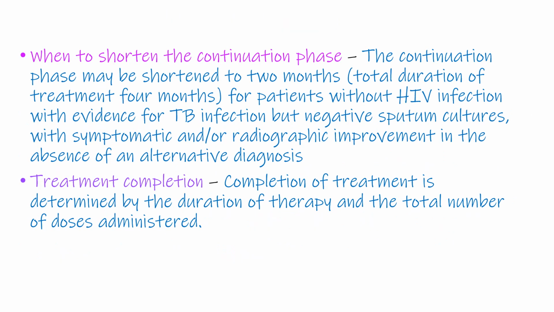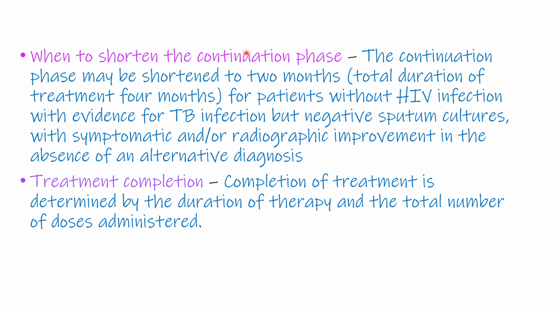So next is, when can I shorten this continuation phase? Continuation phase may be shortened to 2 months. The ideal is 4 months. Total treatment for the TB will then be 4 months, in patients without HIV infection, with evidence of TB infection but negative sputum cultures, with symptomatic or radiographic improvement in the absence of an alternative diagnosis.